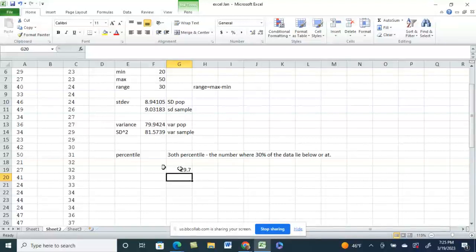So if you use the PERCENTILE.EXC, that means exclusive. It just means 30% is below 29.7 in this list. And that's about right. That's position 15 or 16. Now, let me go to the whiteboard.